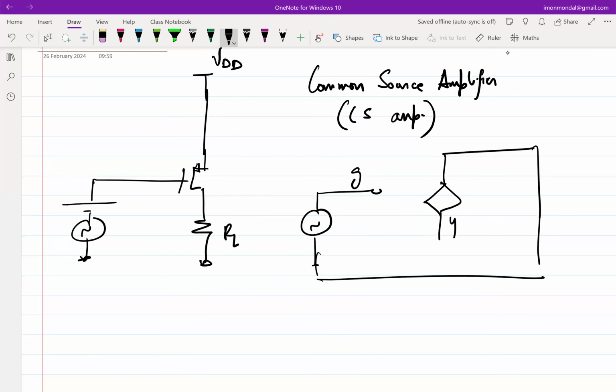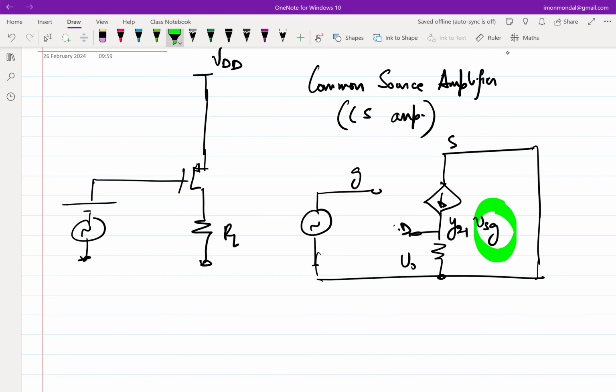This is Y21 times VSG, and we're taking the output here. This is the drain, this is the source. And the direction of the current? Source to drain.